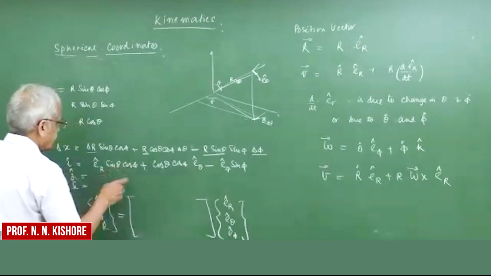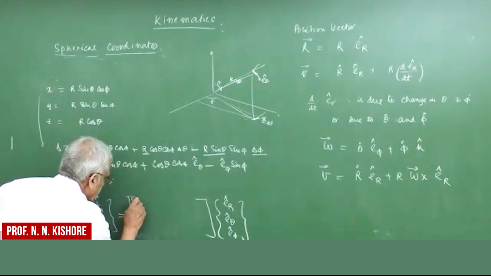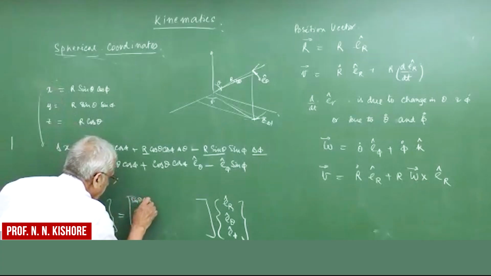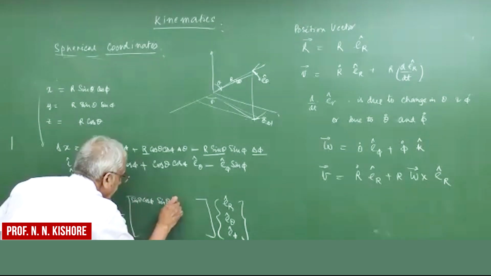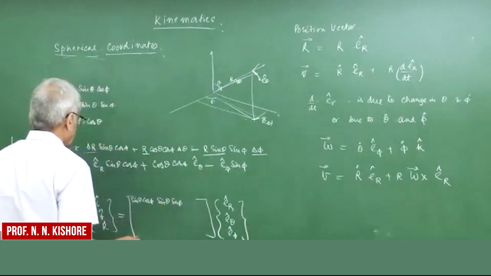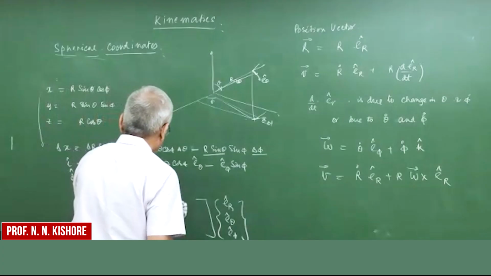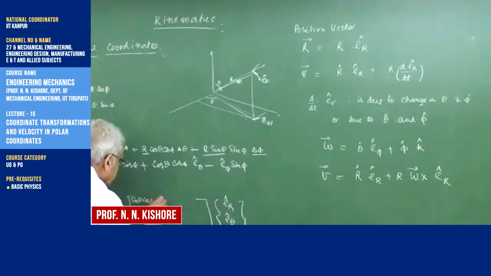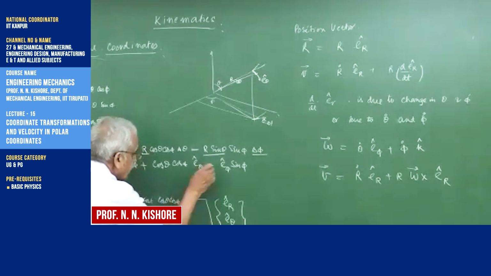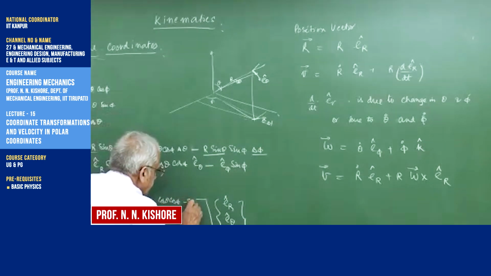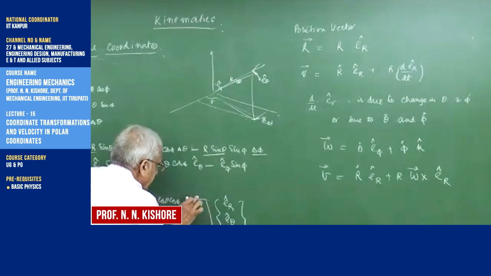Here we have sin theta cos phi, sin theta sin phi, cos theta, and here minus sin phi.